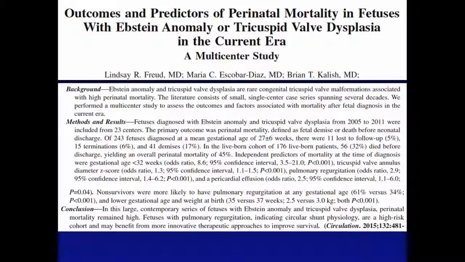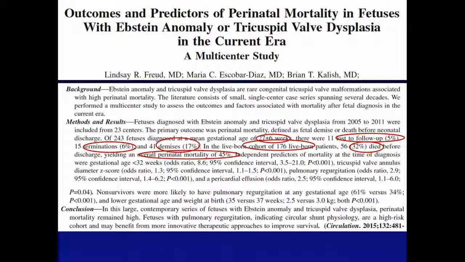Now, Dr. Lindsay Freud has written several papers on this issue, and she's talked about the bad prognosis and the terminations of pregnancy in 6%, demises in 17, 176 live born, of whom 32% died in their limited series. And I think the thing about death in Ebstein's malformation is that we have to look at the postnatal era of this condition, because it depends.